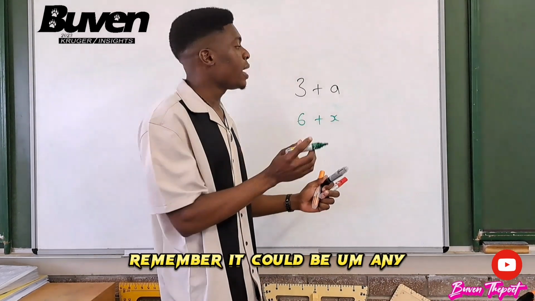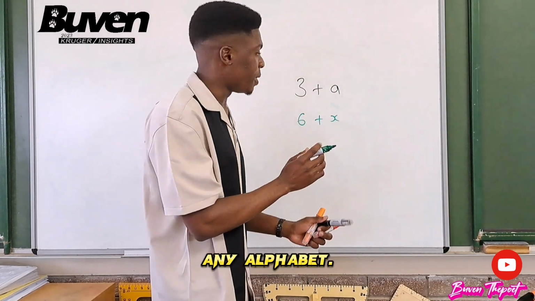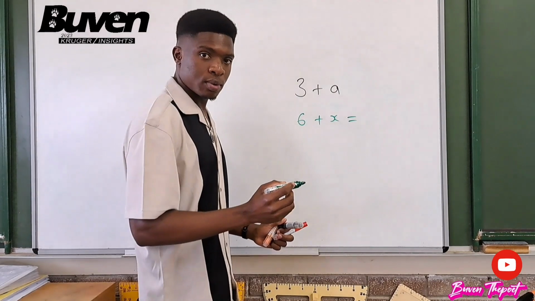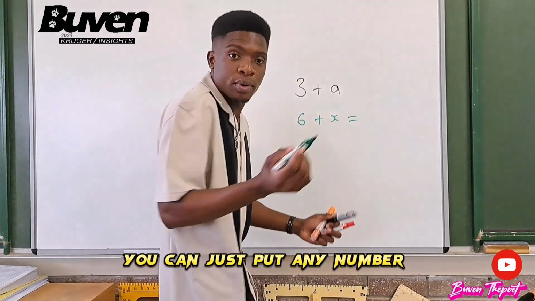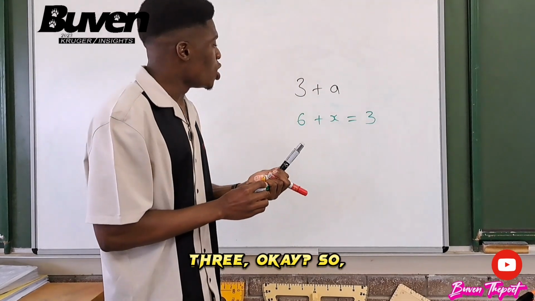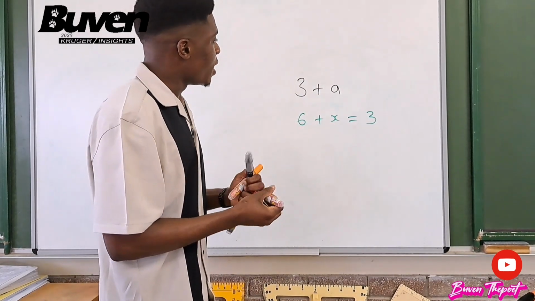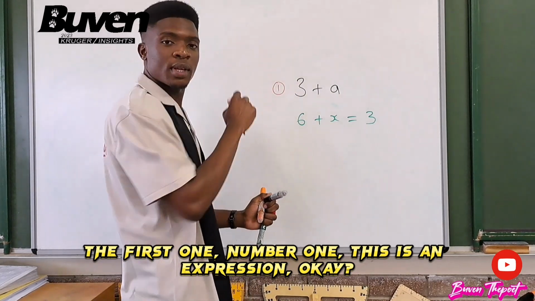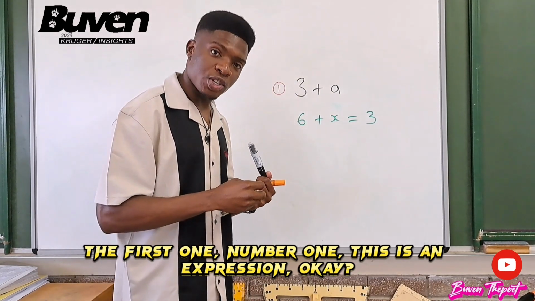Remember, it could be any alphabet. 6 plus x is equal to any number. We can just put any number there. 3. Okay. So the first one, number 1, this is an expression.